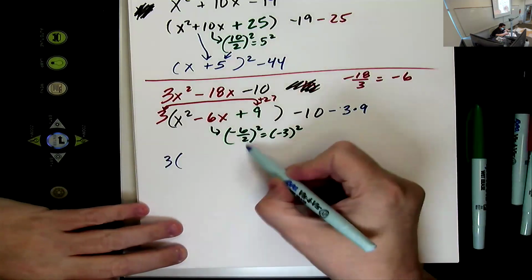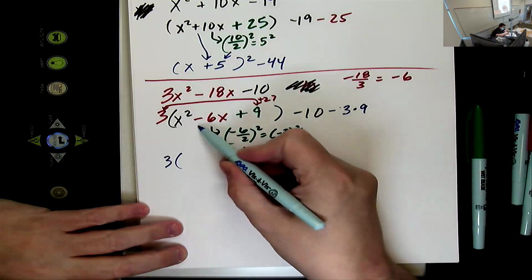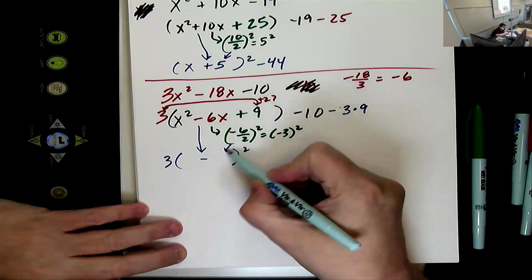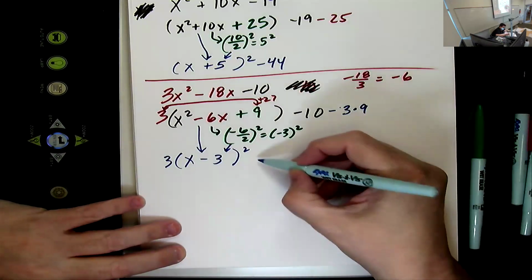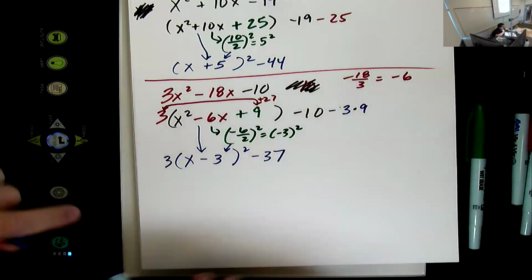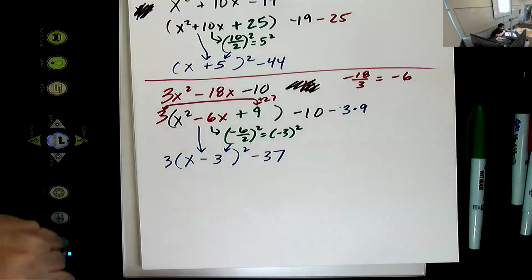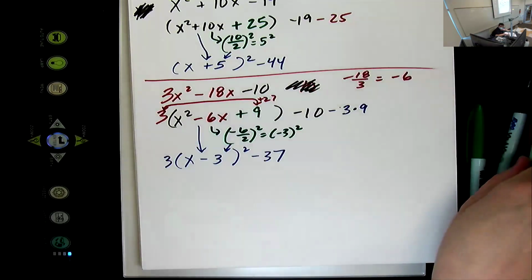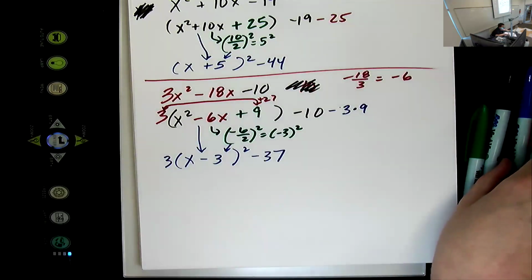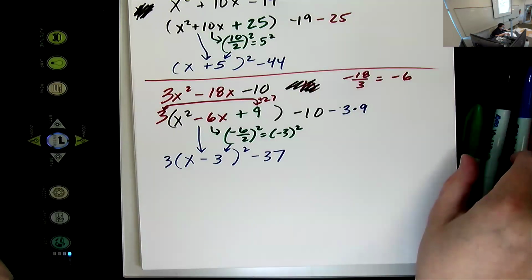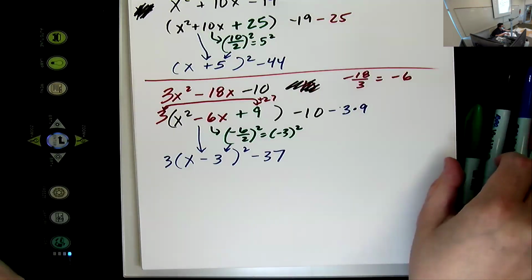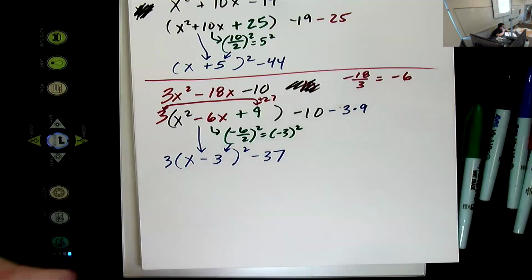So this falls into the parentheses with the sign. And then I've got 10 and 27, which is -37. If you're not sure if you did it right, what can we do to check it?